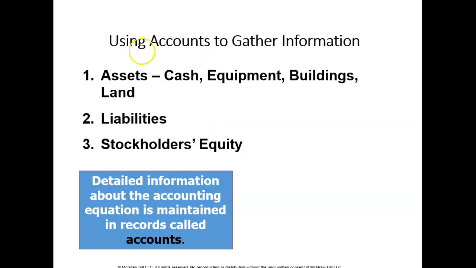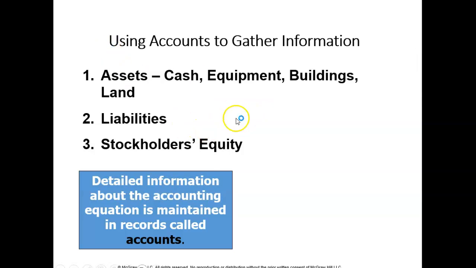So liabilities again refers to the debts of a business, the amount owed to creditors. We have to keep track of the amount owed to the different creditors of a business organization, same as you do. You keep track of the amount owed for your mortgage payment, for your car note, for your student loan. Do the same thing in business.